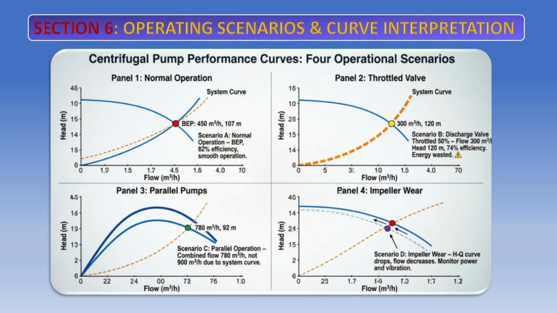This panel illustrates how impeller wear, by reducing the impeller diameter, will affect the pump's performance. Understanding these curves allows operators to diagnose problems and run the system efficiently. For instance, if the pump is running at the far right of its curve, it may be an indication of wear or a change in system conditions.